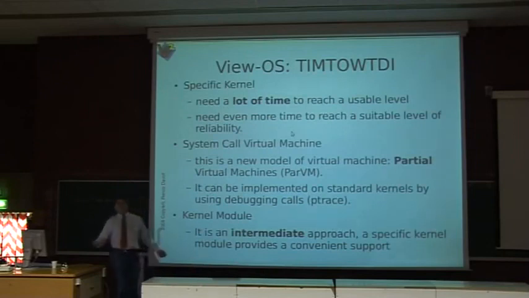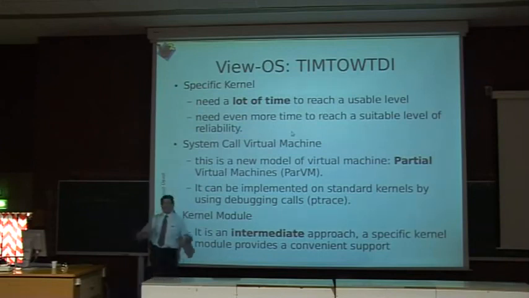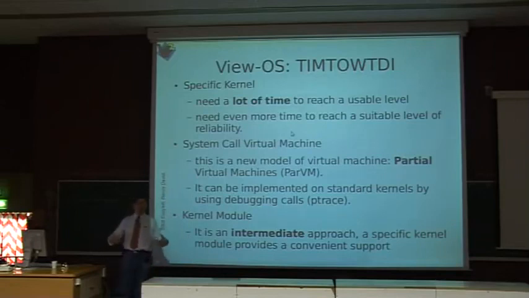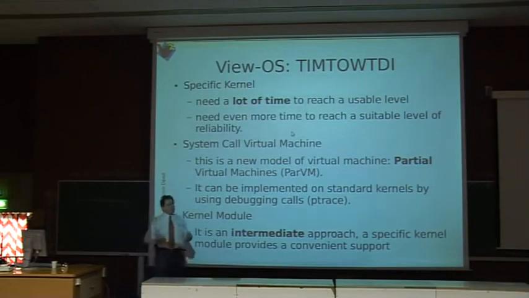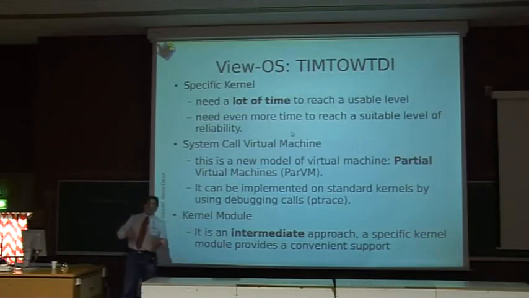There are several ways to implement this kind of virtualization. One is a new kernel, but it's impractical. Another is a system call virtual machine, so think of User Mode Linux, but instead of booting an entire kernel, this user mode View, one View, lets you load the specific modules for what you want to implement.